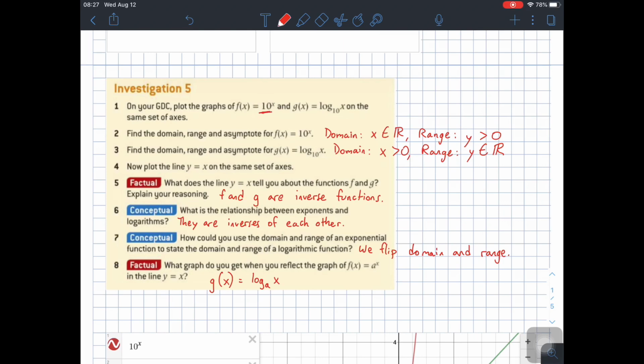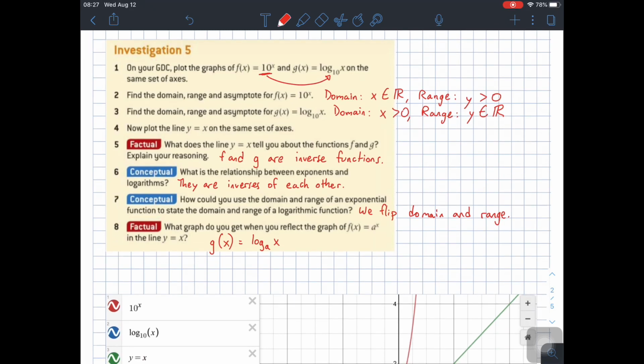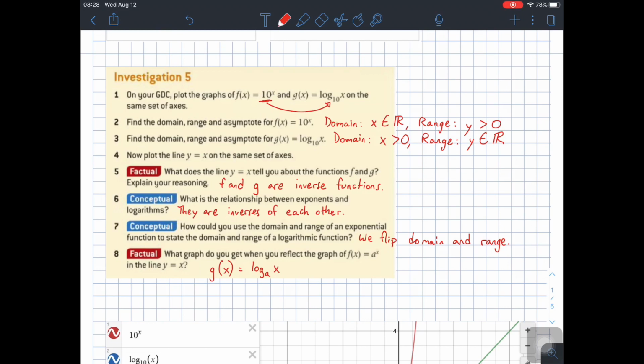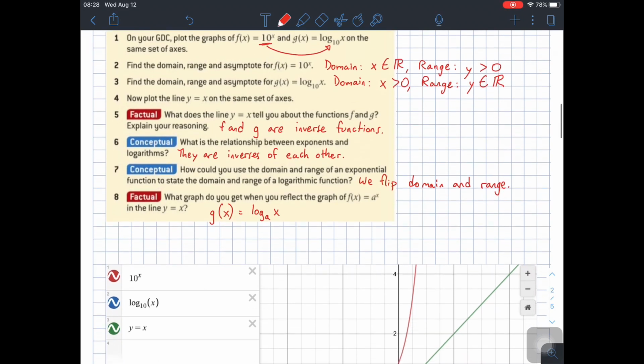So this number represents the base of the logarithm. If I have a to the power of x, then that a would represent the base of this logarithm in order to be inverse functions. That's something important for you to consider.